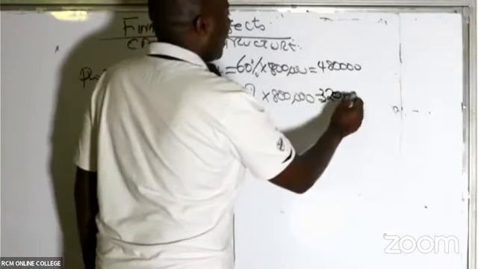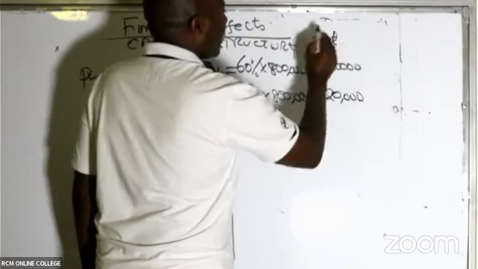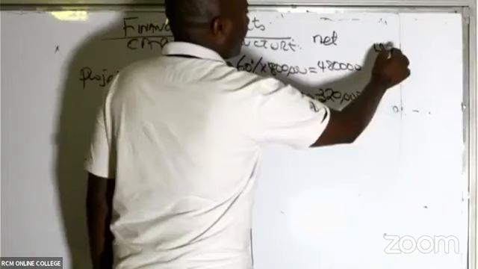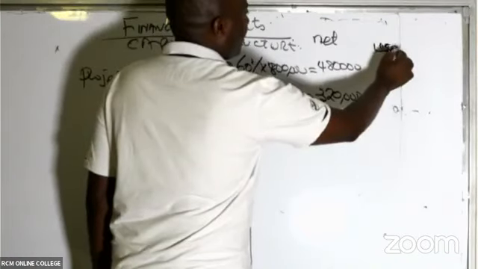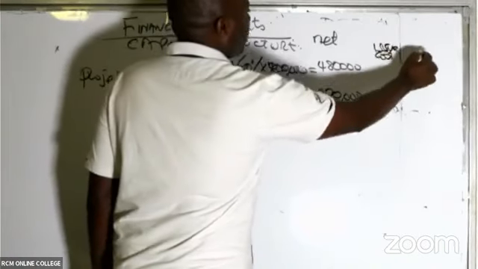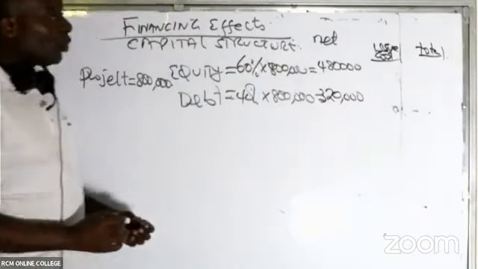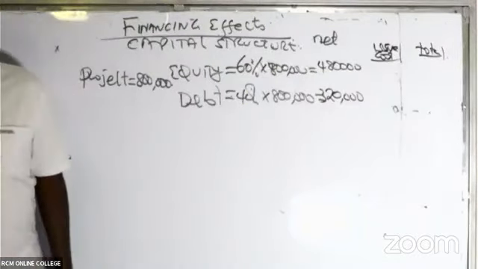But now remember, these figures are net of issue costs. So now you're able to give me the issue costs and the total. Yesterday, I gave you a very good shortcut of getting those issue costs.